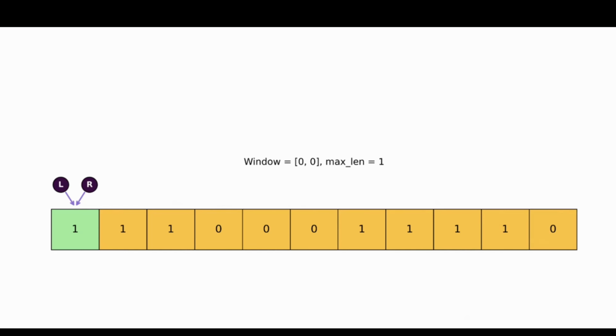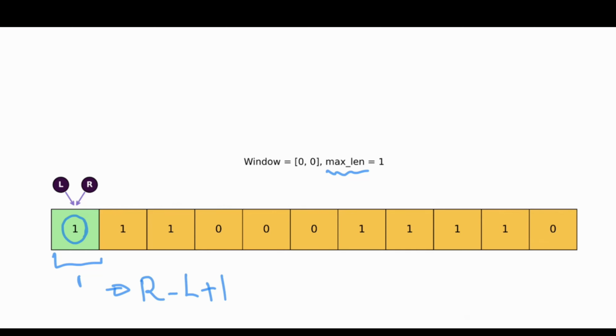And since we want to find the maximum length of our ones, we set a variable to keep track of the maximum length. So here, at the first step, the value at left and right is 0, and we can see that the length of the window that contains 1 is 1, and each time it is calculated by right minus left plus 1.